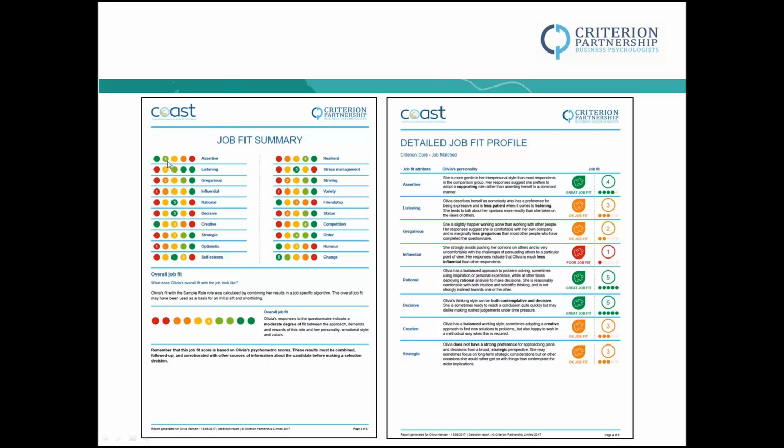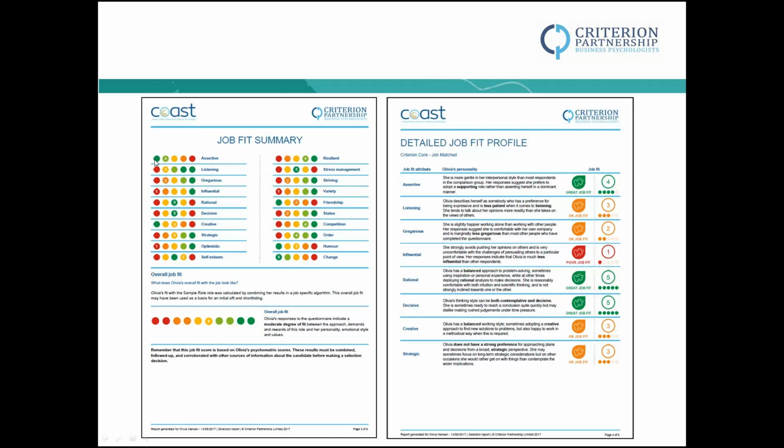Now, the thing to note on this page is that we are essentially reflecting the different traffic light scores that you see on the matching system that you use in COAST. So, for example, with this sample report, we can see that for the assertive scale, a good fit is actually someone who is lower on the assertive scale. So we're looking for someone who is slightly more gentle in their approach and slightly less likely to assert themselves in situations.